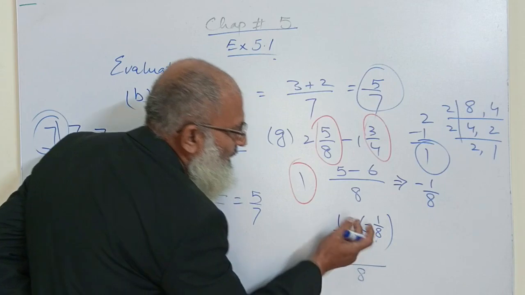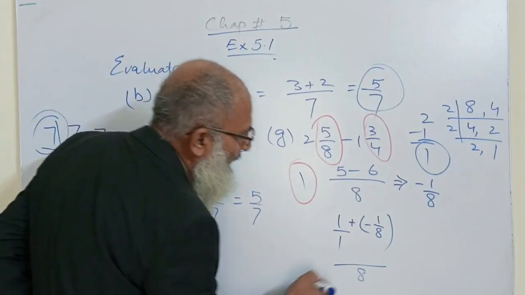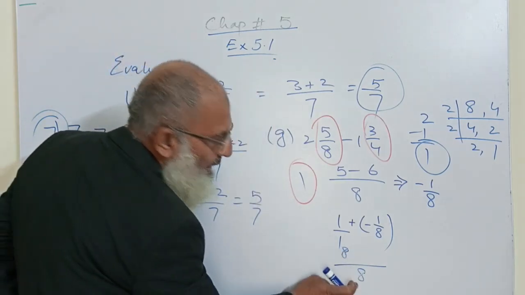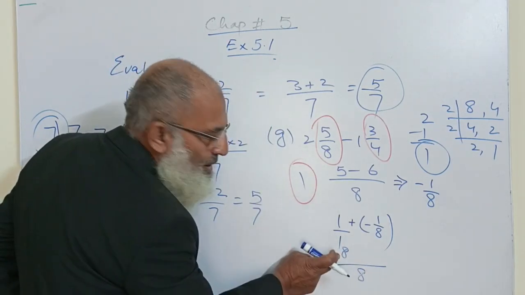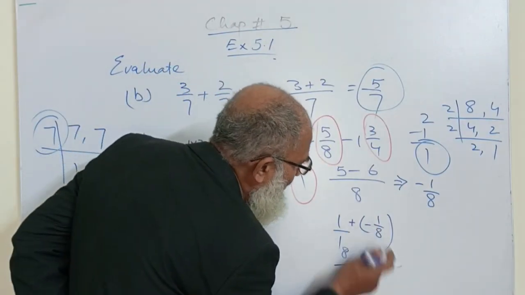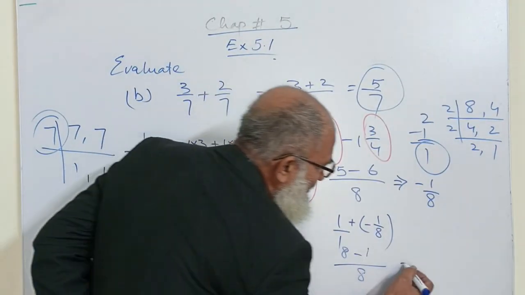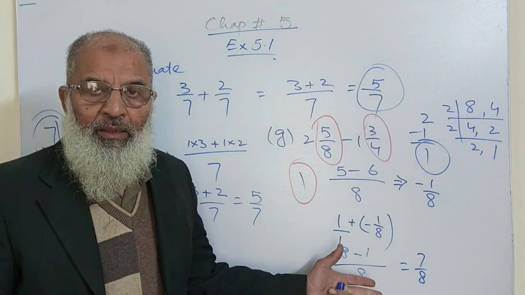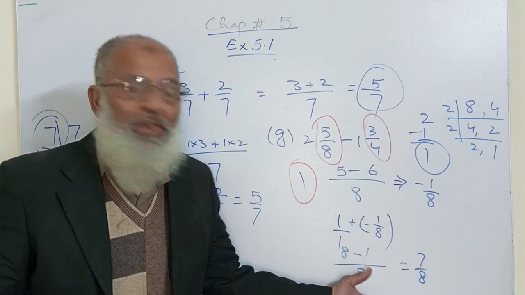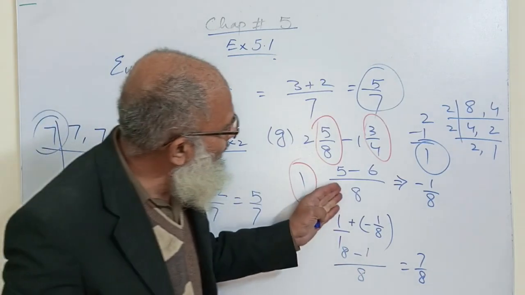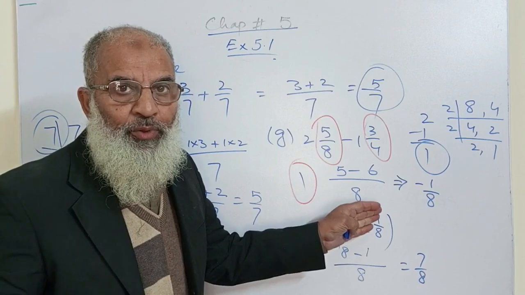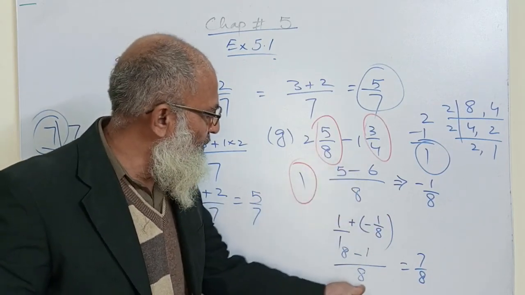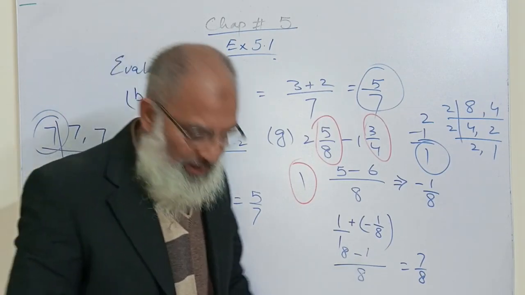Now this will multiply with this, it will become minus. 8 1 times 8, the net result will become 8, and minus 1 will come as it is. Now the answer is 7 upon 8. Now this is one method, though it is a little cheeky, we have to find the LCM twice, first over here, then over here.